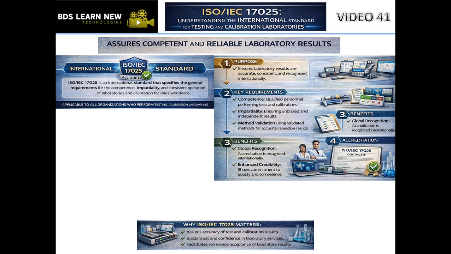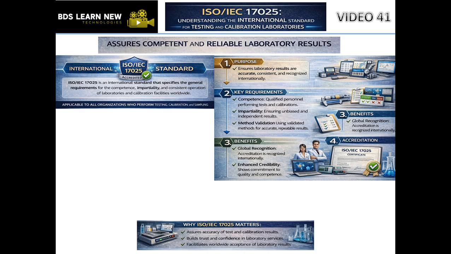So, what are the important points over here? First of all, purpose. Ensure laboratory results are accurate, consistent, and recognized internationally. Then second, key requirements, competence, qualified personnel performing test and calibrations, impartiality, ensure unbiased and independent results. Then method validation, using validated methods for accurate, repeatable results.